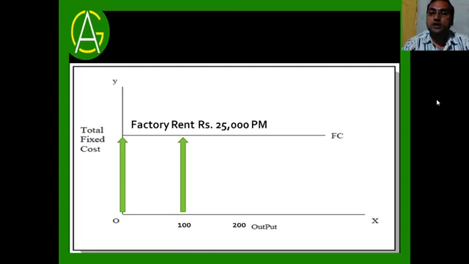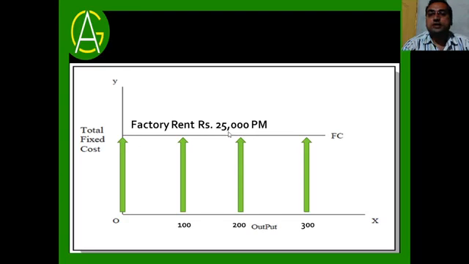If the company produces 200 units, the rent will be 25,000 only. If again the firm wants to increase the production and it creates 300 units of output, the rent will be 25,000 only. So at any level of output, whether the output increases or decreases, the rent remains the same.